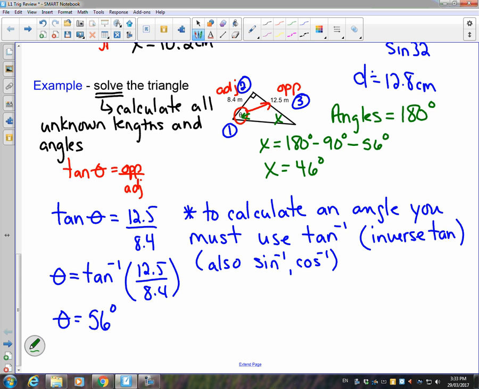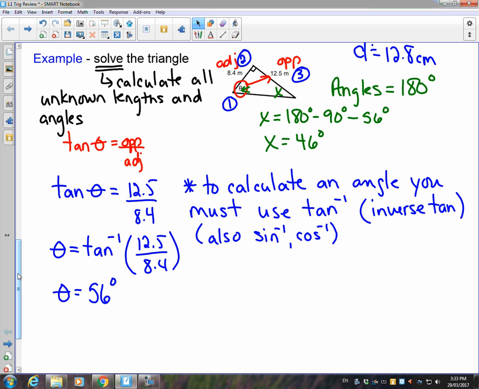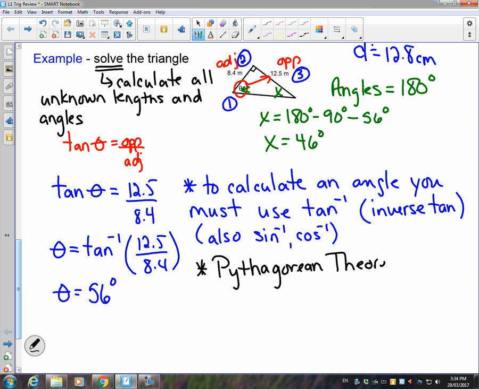In addition, when you're solving, to knowing angles, you can also use Pythagorean theorem to calculate a side length.